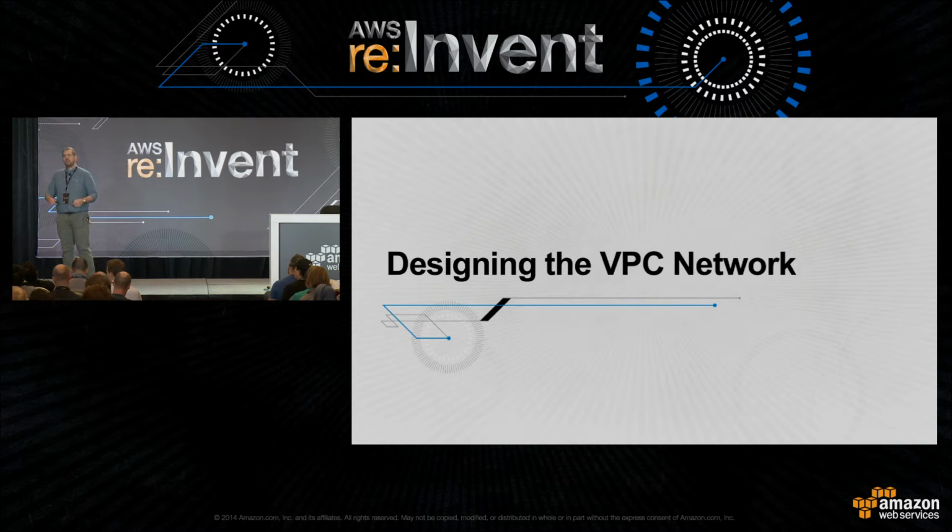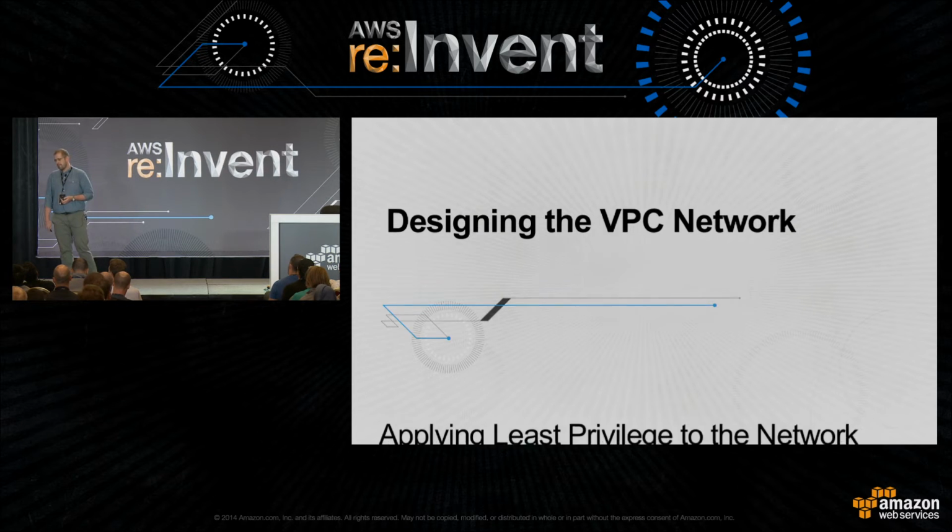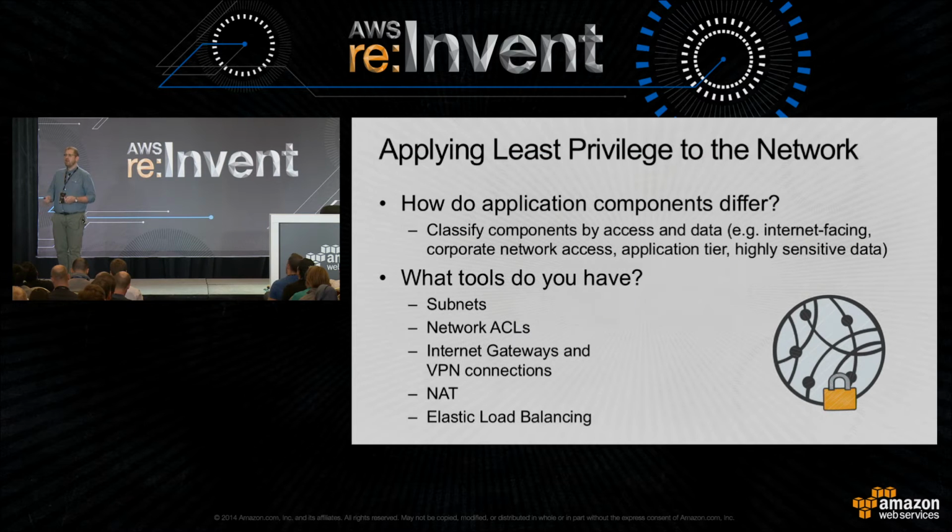So the first thing we need to do is figure out how we want to build our network. And so if we're trying to apply least privilege at the network layer, we need to be able to classify our different components, understand how we need to access them, who needs to talk to one another, and what classification of data these components are going to work on.